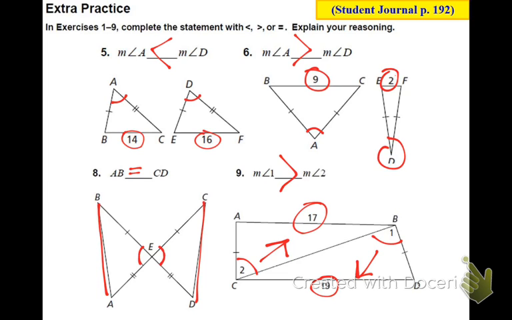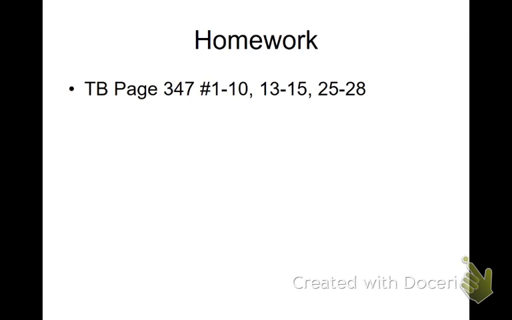Alright, go ahead and write 30 times beyond time on task and prepare to learn every day. Don't know how you come to geometry class with nothing. What page are you on? 347. You're going to do 1 through 10, 13 through 15, and 25 through 28. You have 20-some minutes left in class.